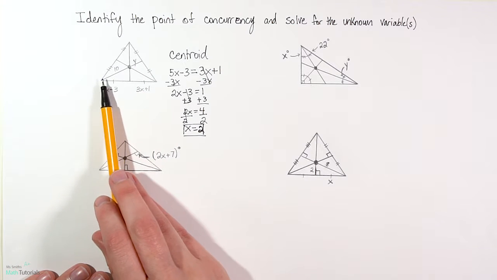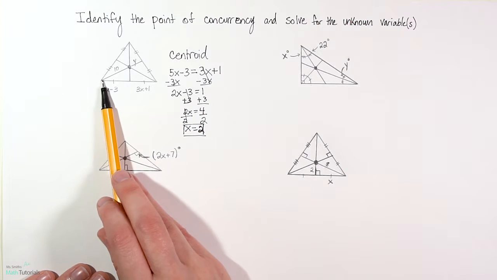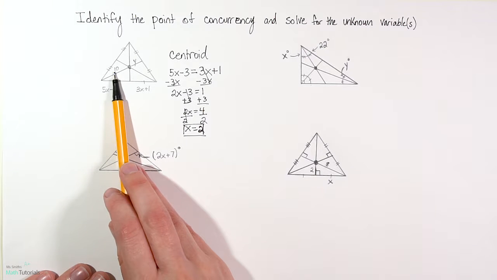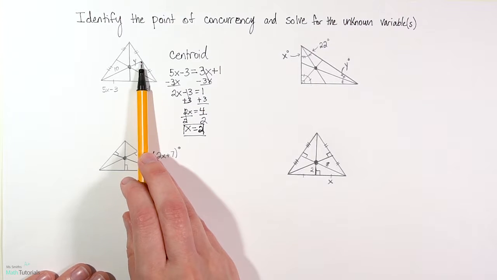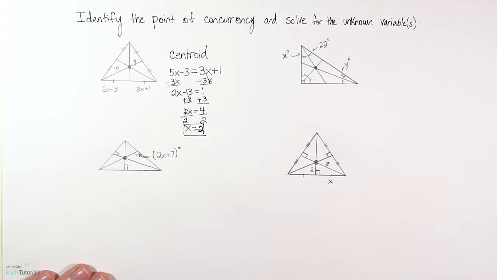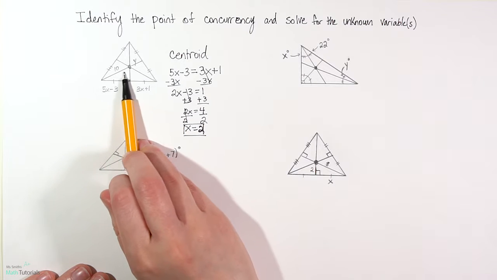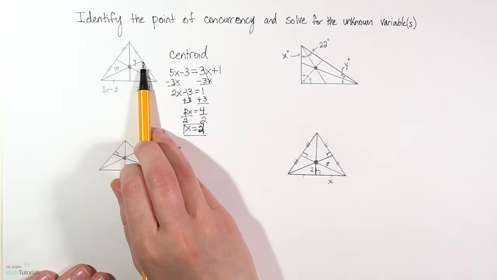And then there's also a y, though. They want to know, if this segment from here to here is 10, what is the distance from here to here? So if you review back where we talked about centroids, we said that they're split in a 2-to-1 ratio. I like to visually think of that like this is 2 parts and this is 1 part.